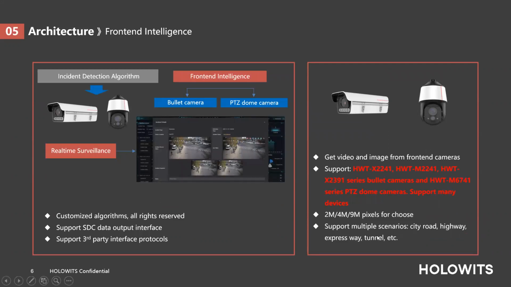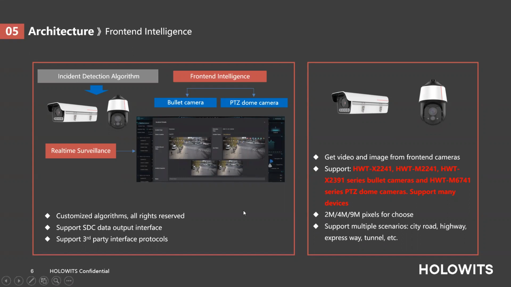This is the architecture of our front-end intelligence. As you can see here, we can get video images from front-end cameras. We support the X2241, M2241, or X2391 series, like the body cameras, or the M6741 series PTZ dome cameras. So we support many devices.